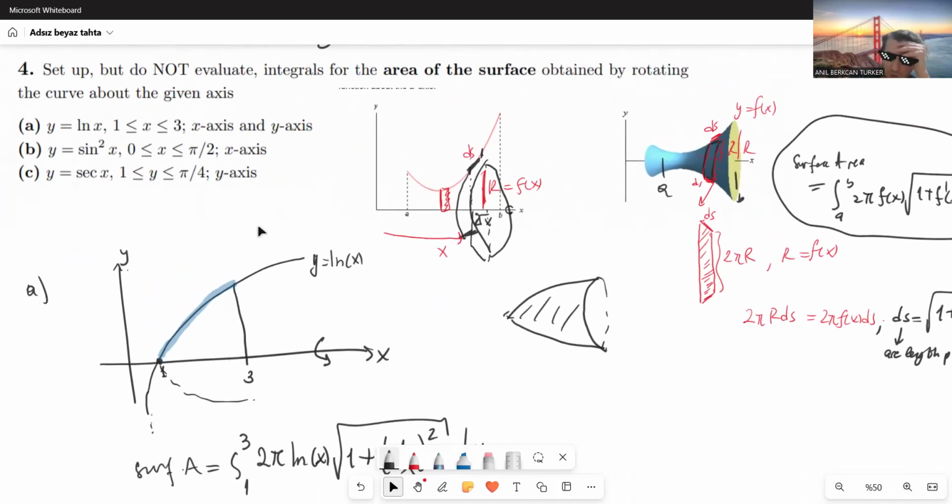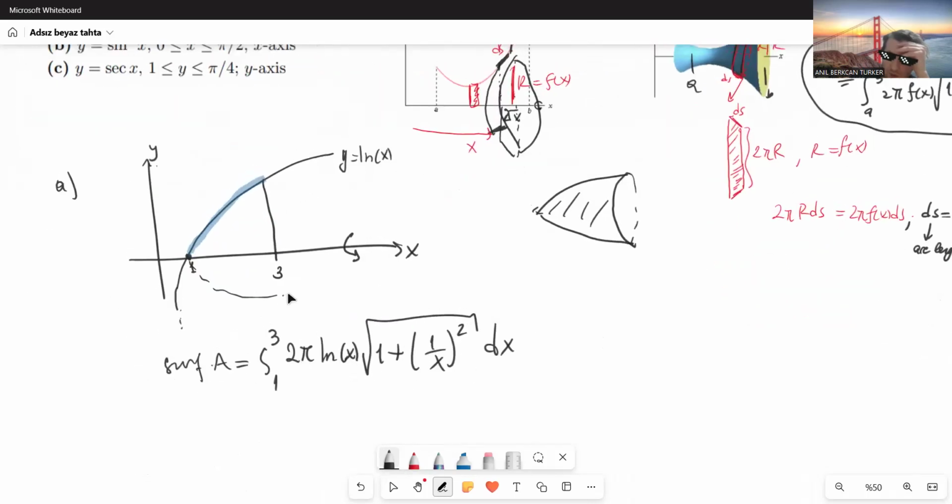Maybe if you like, we can also rotate this around the y-axis to see what happens. Okay, let's rotate around the y-axis. So now I'm going to rotate this ds around the y-axis. What do I have? I have this kind of thing.